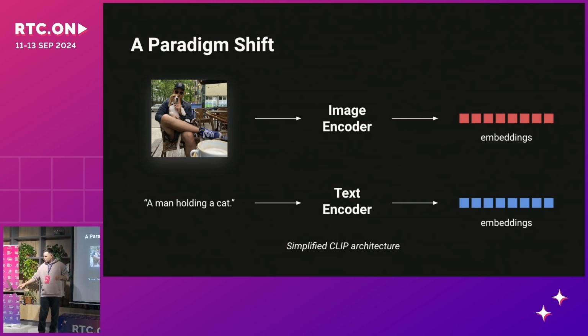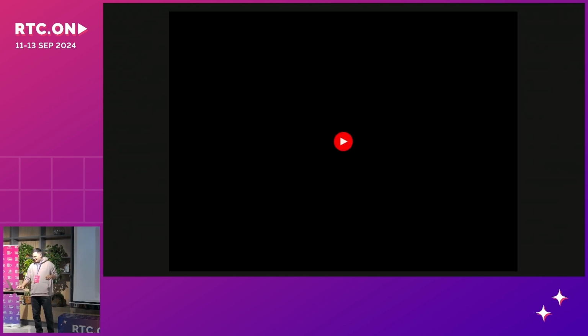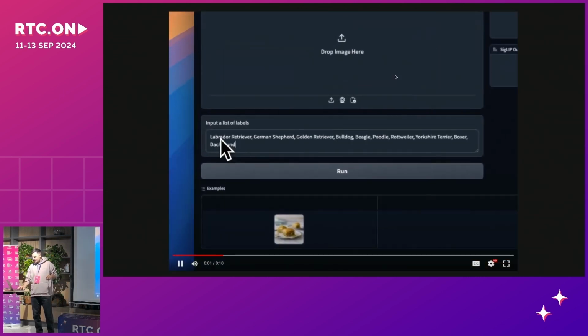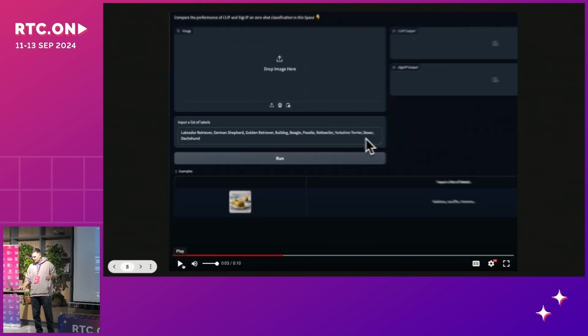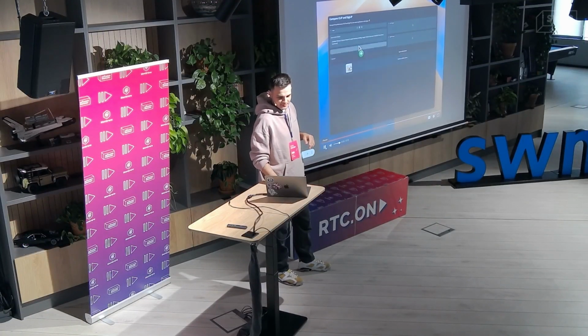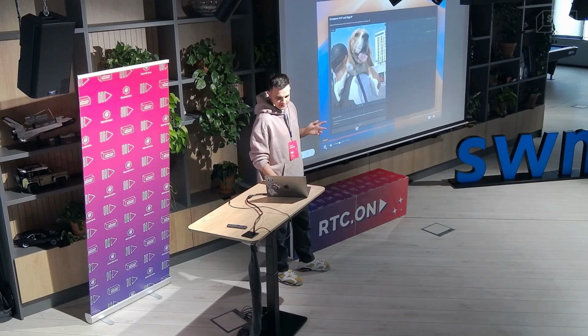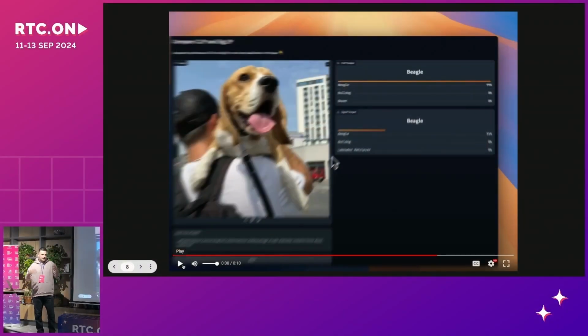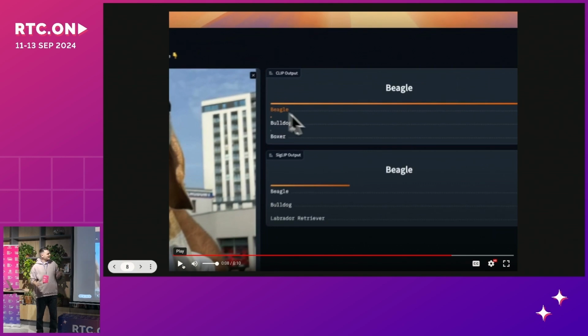So let me show you two examples of that, hopefully. Here is a very simple application where I pasted like 10 names of different dog breeds. Then I uploaded an image of my dog, and I just ran it. It turns out from those 10 names, it got the right answer, saying that it's a beagle.